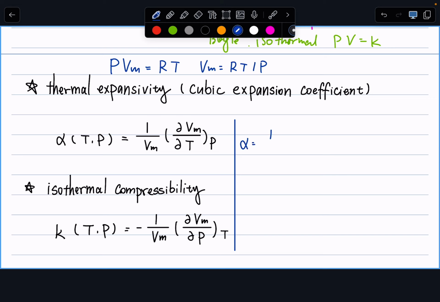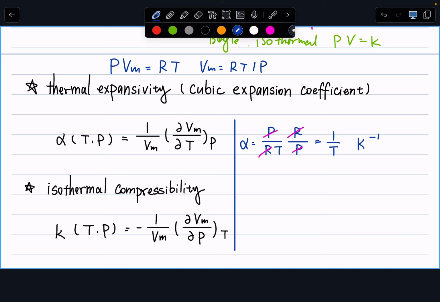Alpha equals 1 over Vm, and we know that Vm equals RT over P, so that is P over RT times the partial derivative of Vm over T. That just equals R over P. My P and P cancel out, R and R cancel out. So the unit of my alpha is the same as 1 over T, or K minus 1.